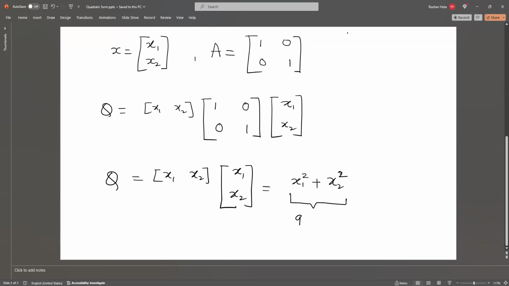So this is a quadratic expression in x1 and x2, and this is a scalar value. So Q is some scalar value.